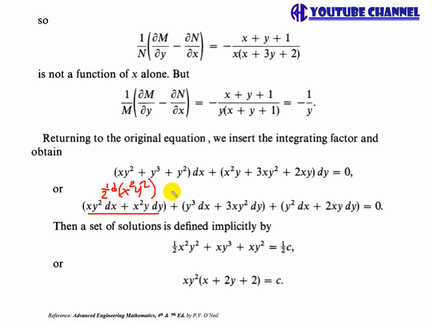Kasi ito, try natin i-derive pabaliktad. So magiging x squared, derivative ng y squared is magiging 2y dy plus y squared, the derivative of x squared is magiging 2x dx. Okay, yung common constant na 2, kailangan ko i-factor out.